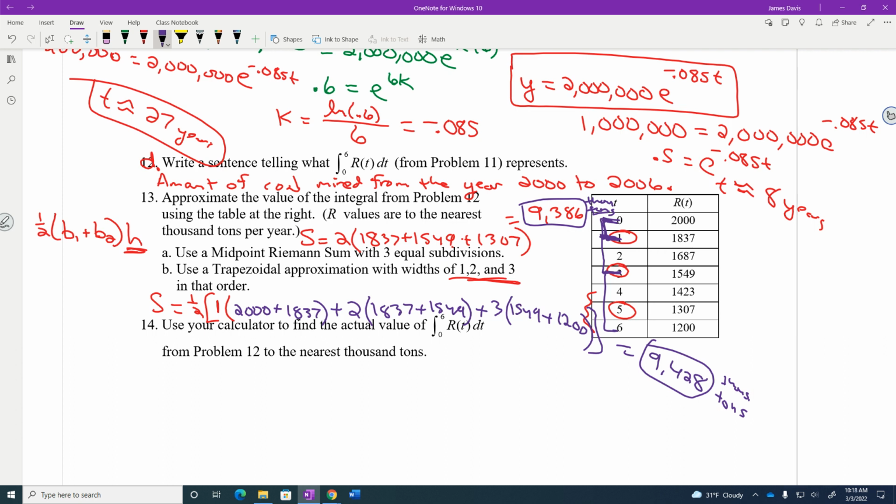And the function that we're going to use is the one that we wrote, right? The 2 million e to the negative 4052.